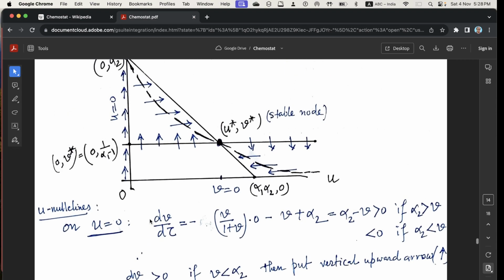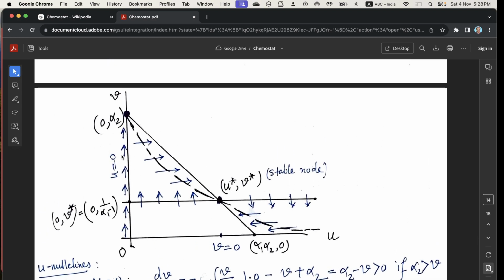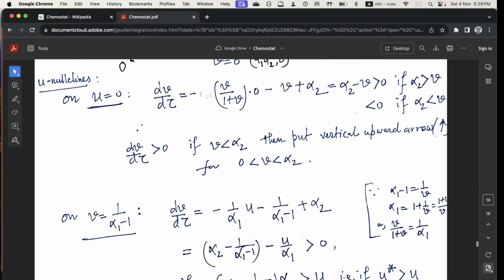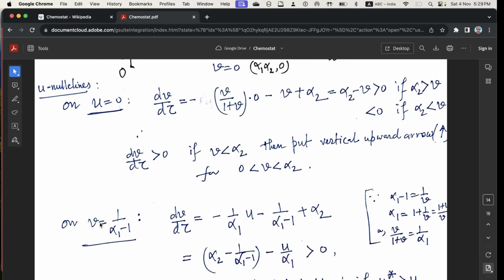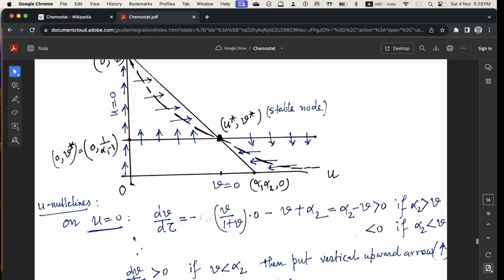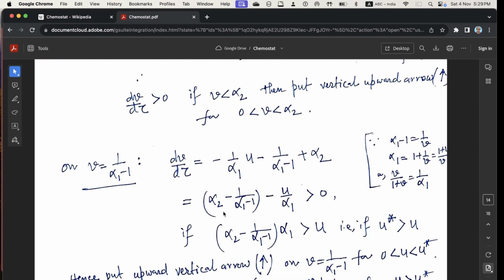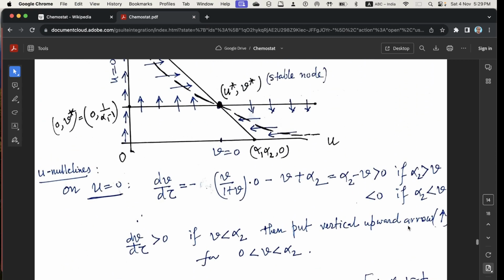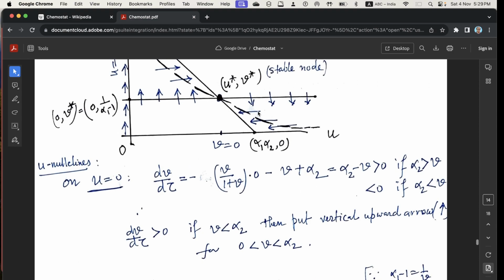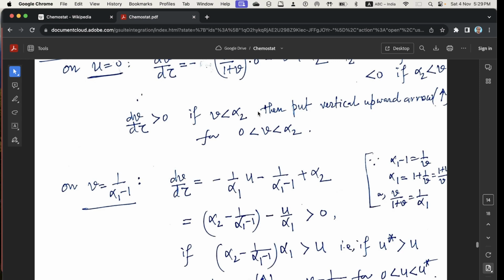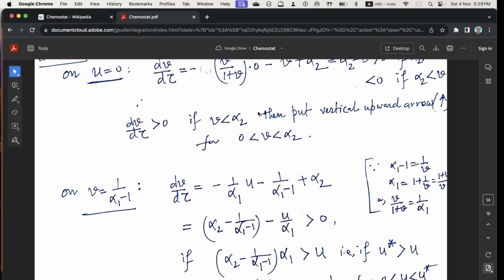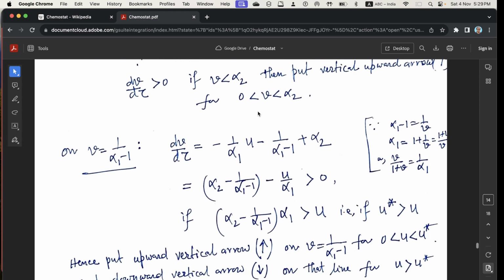So for this part we put here an upward arrow, and on the line v equal to 1 by alpha 1 minus 1, this is the horizontal line, dv d tau is positive if u star is greater than u.